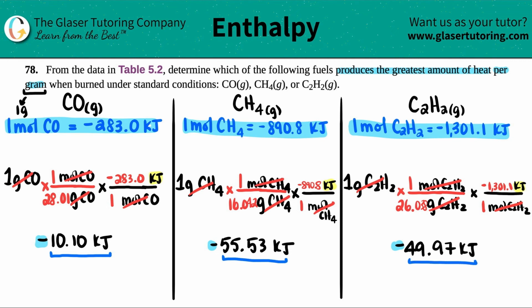So out of 10 kilojoules, 55 kilojoules, and basically 50, right, 49.9 kilojoules, which one is the highest number? It's the methane. This one wins. Because you would release, that's just what the negative means, you would release 55.53 kilojoules into the environment.